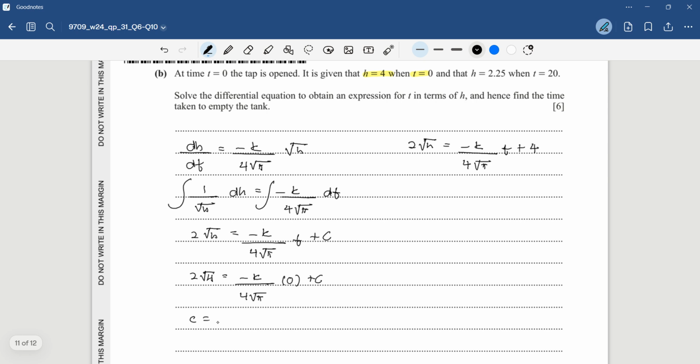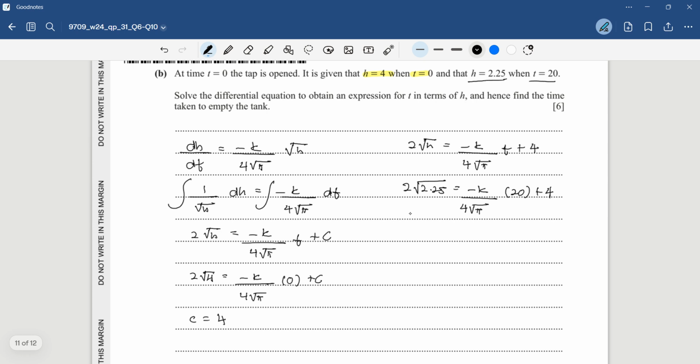Now, in order to find k, when h equal to 2.25, t equal to 20, we sub in 2√2.25 equivalent to negative k over 4√π times 20 plus 4.